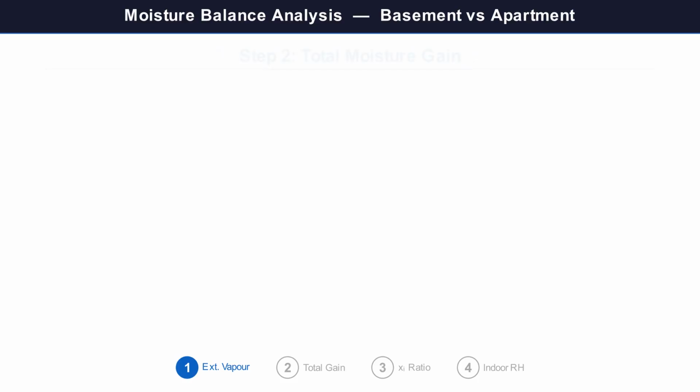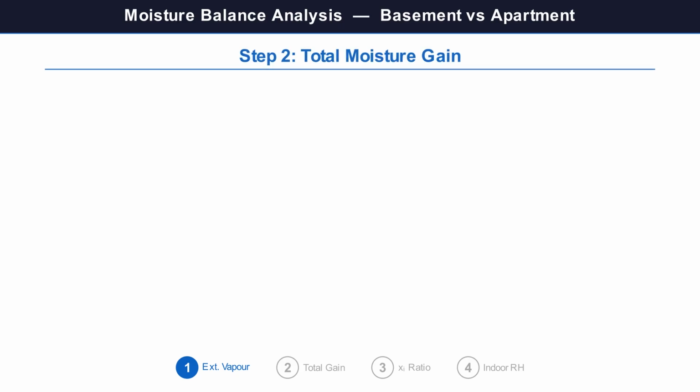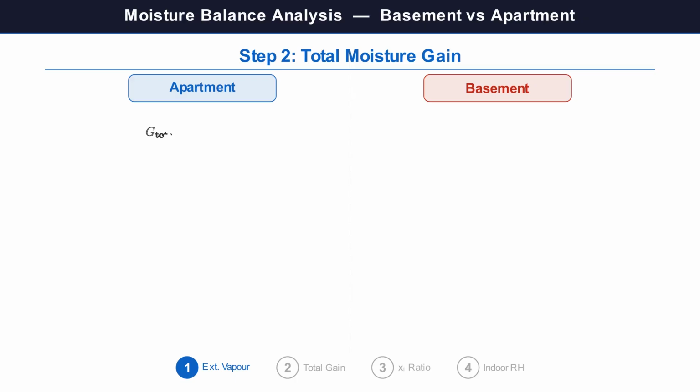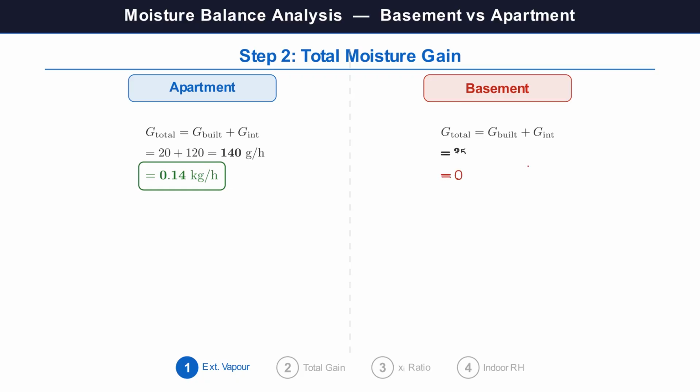Step 2. Total moisture generation. We sum the internal sources for each building. For the apartment, G total equals 20 grams per hour from curing concrete plus 120 grams per hour from occupant loads, giving a total generation rate of 140 grams per hour or 0.14 kilograms per hour. For the basement, G total equals 35 grams per hour from rising damp plus 150 grams per hour from the two occupants and shower, totaling 185 grams per hour or 0.185 kilograms per hour.